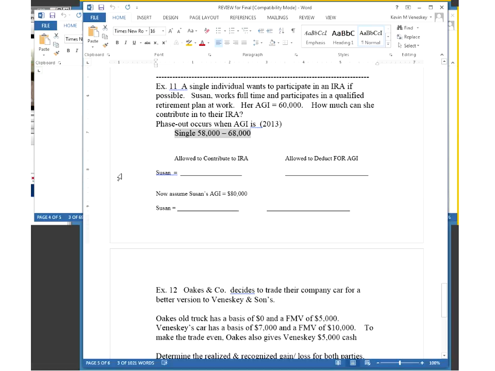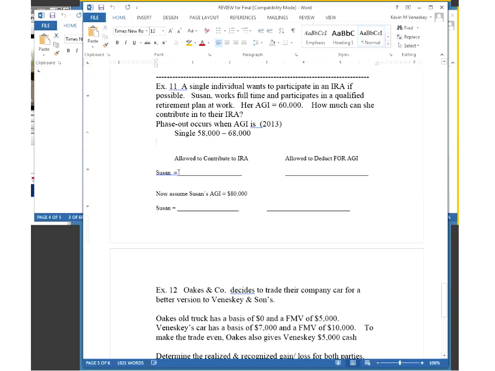But I will give you the phase out on the exam, so you do not need to know the phase outs because they change every year. So I'll update this for the future. But the question is then, assuming these 2013 numbers, and her AGI is 60,000, she's right there in that cutoff range.